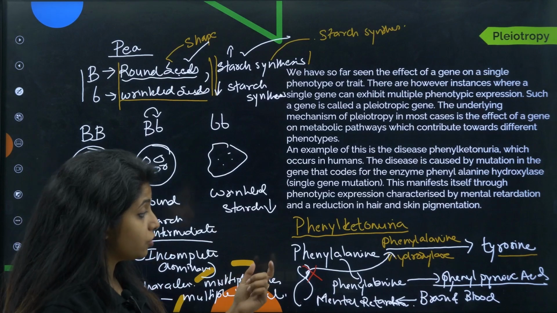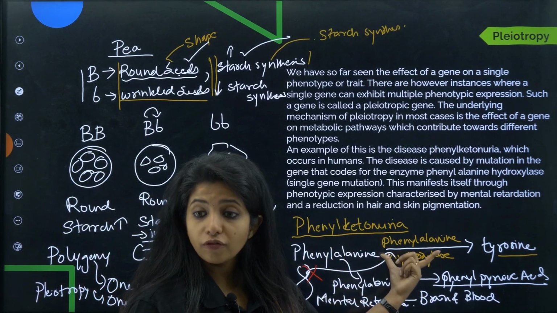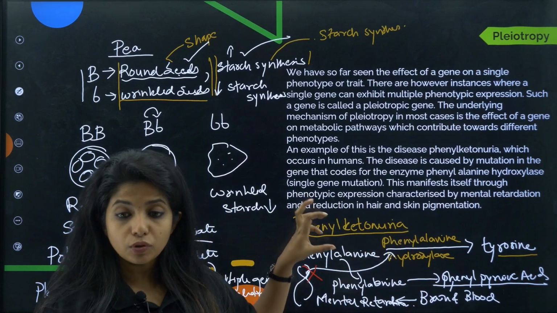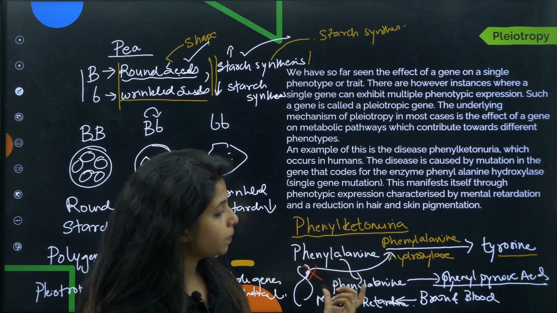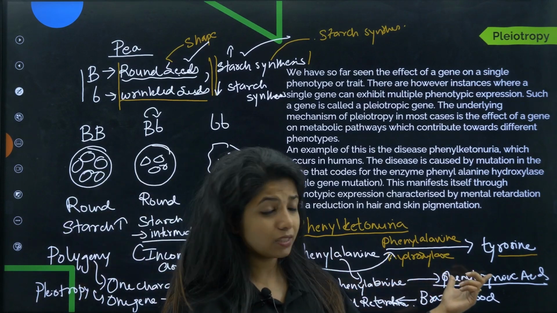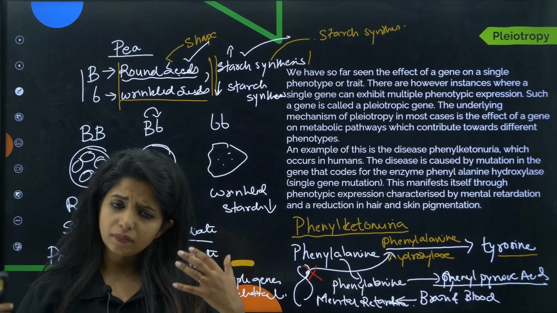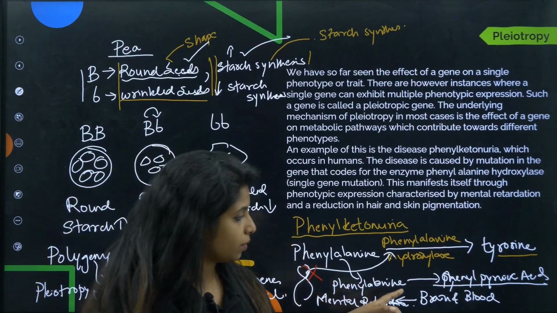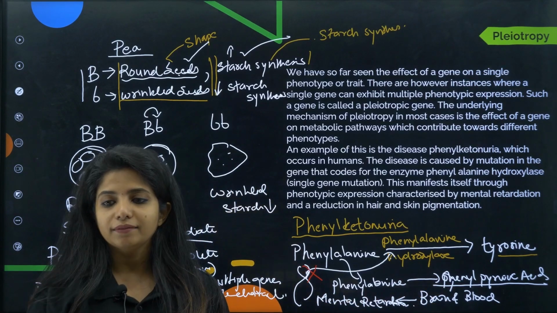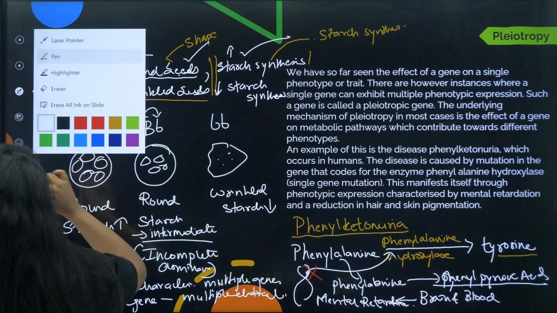Children, I said there is a gene which is responsible for phenylalanine hydroxylase that helps in the conversion. Now, when this gene is mutated, it won't be able to convert this. Hence, the phenylalanine just gets converted to phenyl pyruvic acid, stays in our brain and our blood, and causes mental retardation. But along with that, two more things happen in our body.